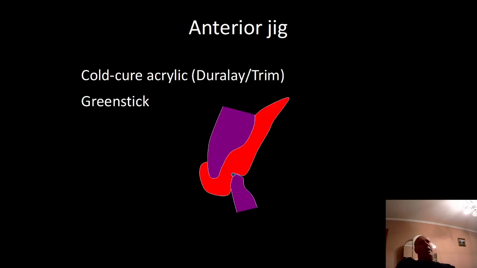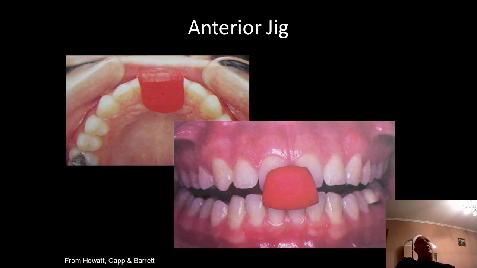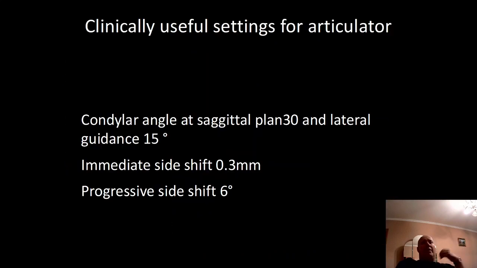Anterior guidance. This is a cold cure acrylic, a green stick. You can fix it. For example, this is anterior position. Clinically useful settings for articulator: condylar angle at sagittal plane is 30 and lateral guidance is 15 degrees.